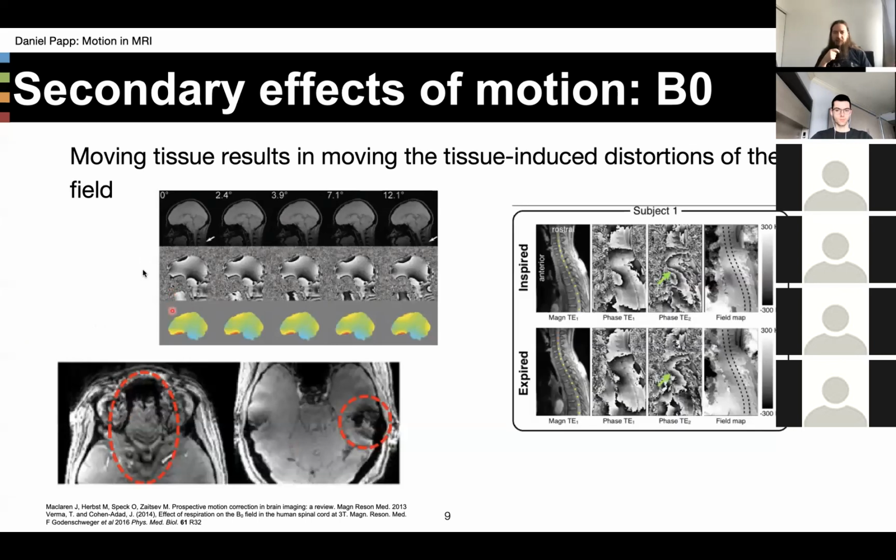And because we're a spinal cord imaging lab, the shimming of the spinal cord that you need to do to counteract the effect of breathing falls effectively into this category of a secondary effect of motion, that there's a breathing somewhere, and somewhere else the field has changed that you now need to take into account.